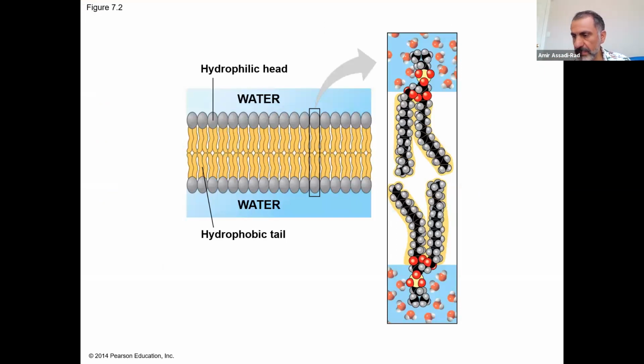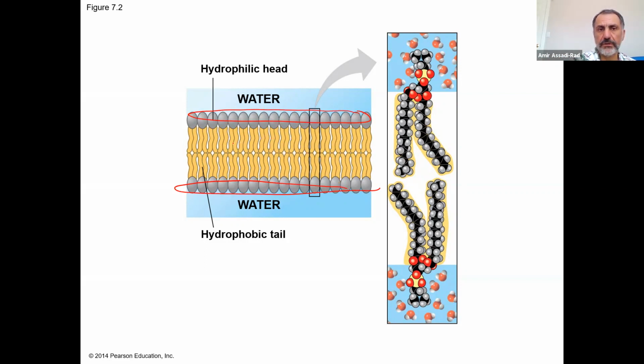So on my Oreo cookies right here, not much cream in here. Which one was that cream? Right here, phospholipid. So up here is the phosphate head, and the hydrophobic tails.